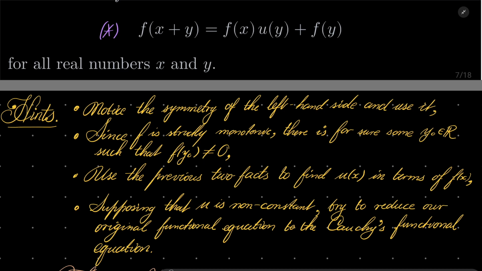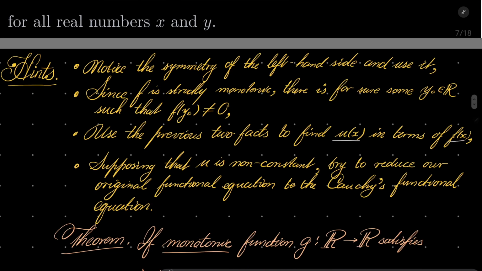And use the previous two facts to express f of u of x in terms of f of x. And now the fun part begins. You will have two cases. One is easy, when u is constant, and the second one, much more interesting, when u is not constant. Try to reduce our original functional equation to the Cauchy functional equation.